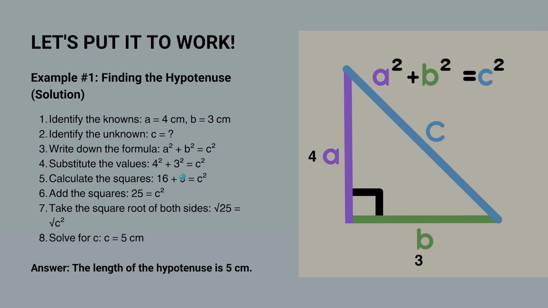That's 16 plus 9, which is 25, equals C squared. All you have to do is take the square root of both sides, and you solve for C. C is equal to 5. Pretty easy.